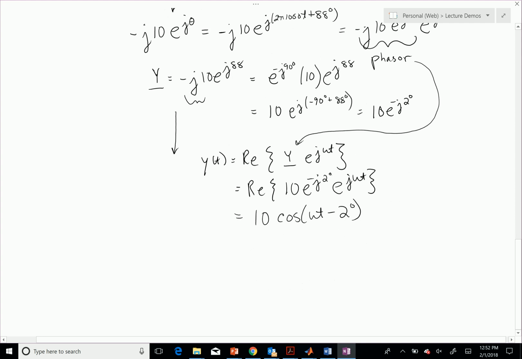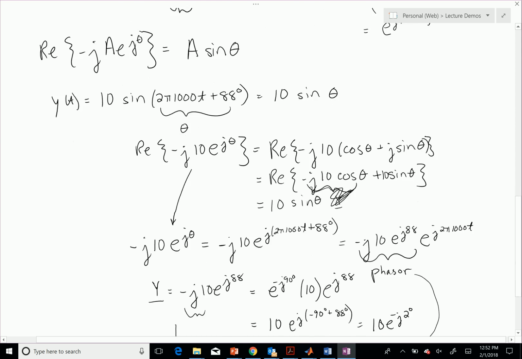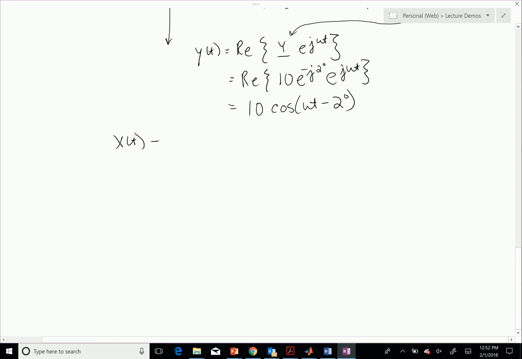Okay? So if I want to figure out how to combine my waveforms here, if I want x of t plus y of t, well, it's fair to say that that guy's got to be the same as the real part of x phasor e to the j omega t plus real part y phasor e to the j omega t, like that.